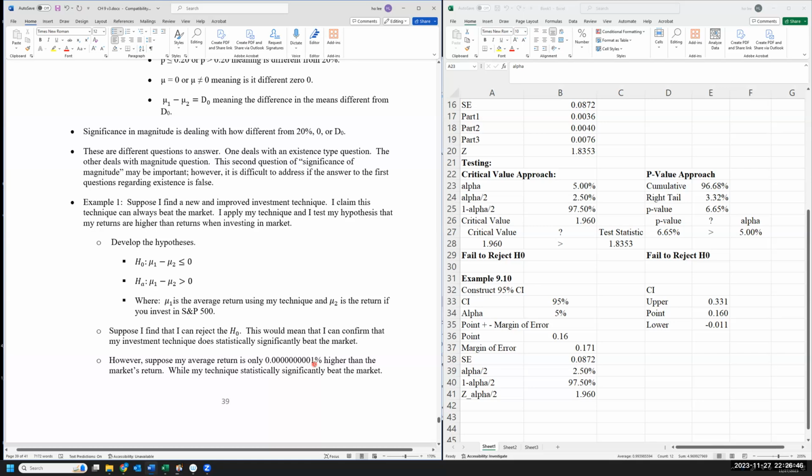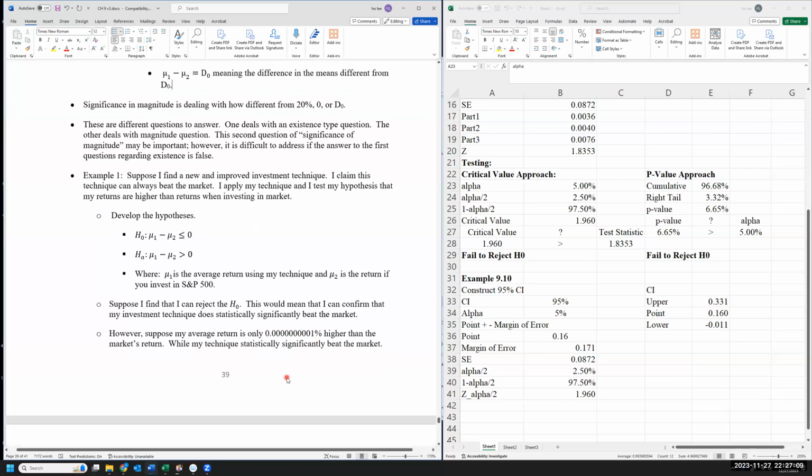Okay? If applying my technique takes 10 hours a day, while investing in the S&P 500 takes no time, you just set it and forget it, is your time really worth this much extra gain in return? Okay? That's the difference between statistical significance and significance in magnitude.